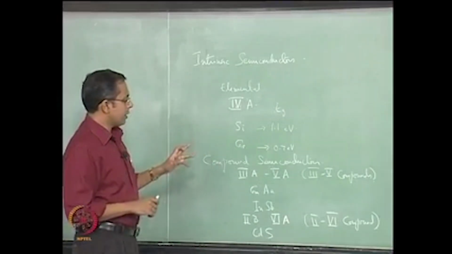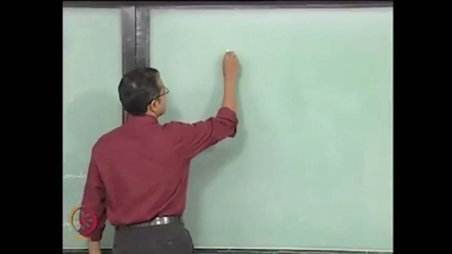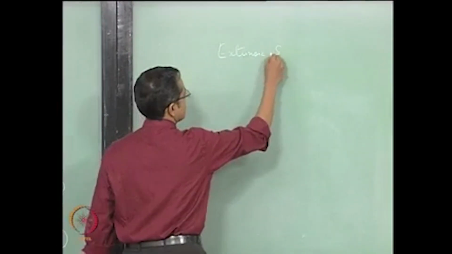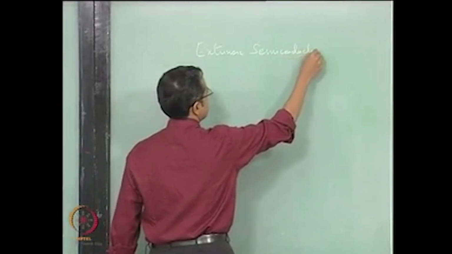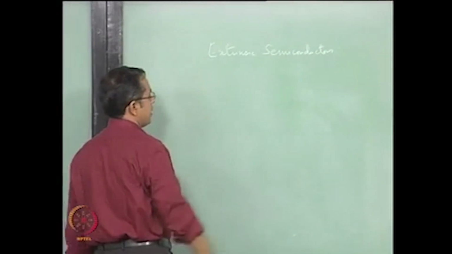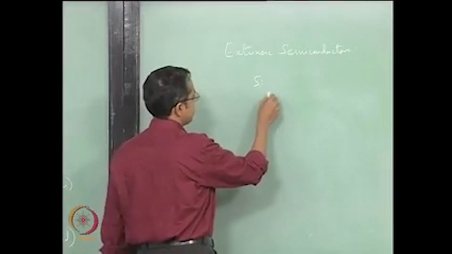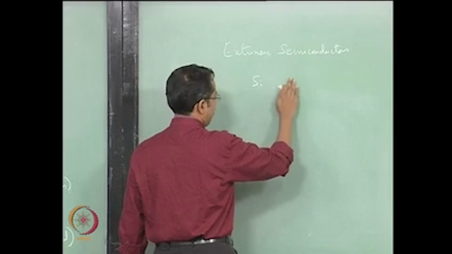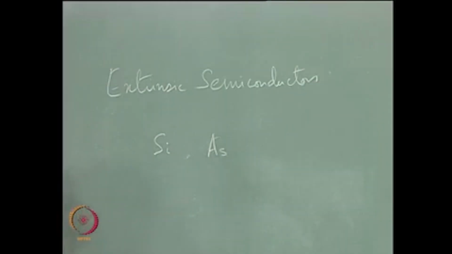If you are talking of extrinsic semiconductors, then we could take silicon and dope it with, say, gallium, or dope it with arsenic, for example, in which case you will have additional electrons.